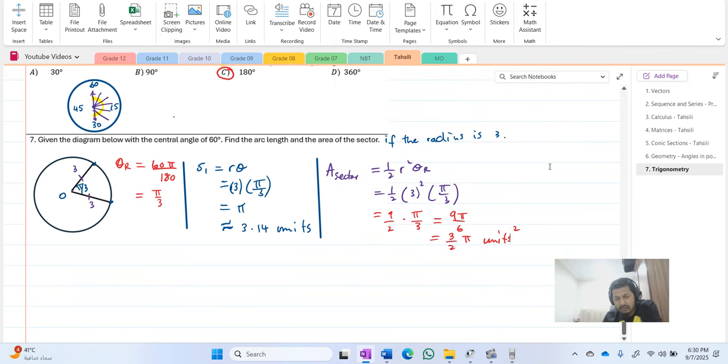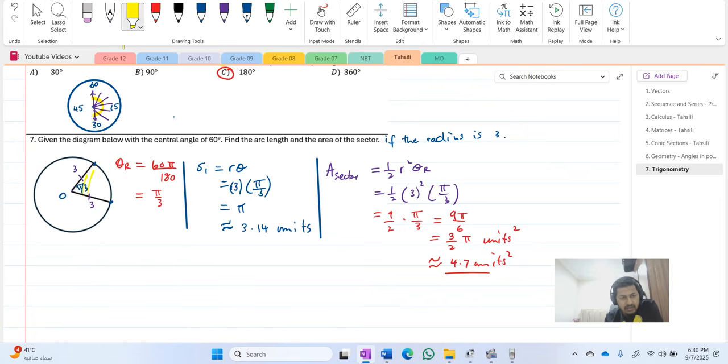Now remember, we only calculated theta in radians and the length of the minor arc. What if we have to calculate the length of the major arc? Very simple. S2 is the major arc, so that's 2 pi r minus S1. What's 2 pi r? 2 pi r is the distance around the entire circle, which is 2 pi times r, where r is 3, minus S1.